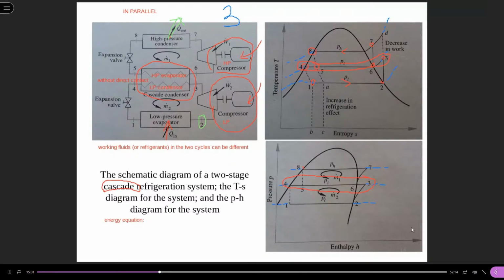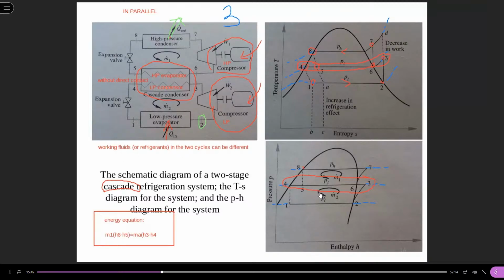For the correlation between the high pressure loop and the low pressure loop, we can get the equation.